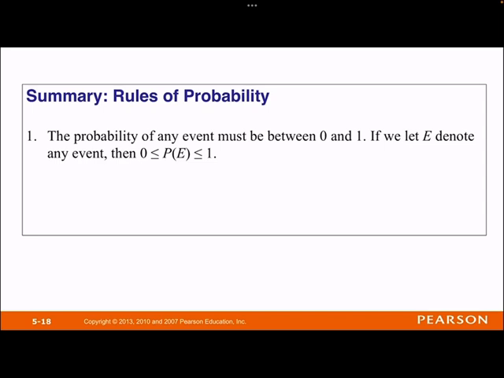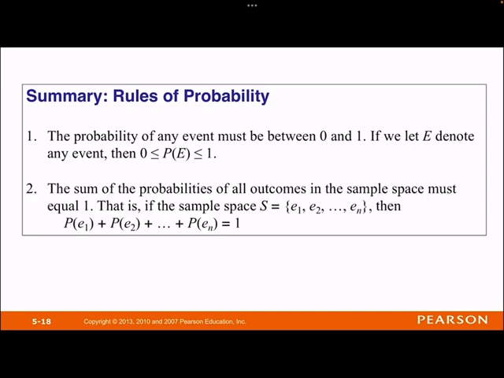Remember, 0 means there is absolutely no chance of that event happening, and 1 is an absolute certainty that the event will happen. And the sum of all the probabilities of all the outcomes in the sample space must equal 1. Not 0.9, not 1.01. It has to equal exactly 1.